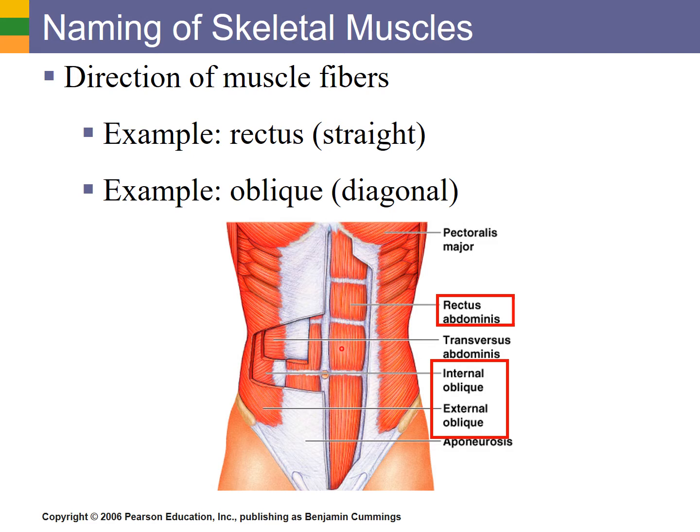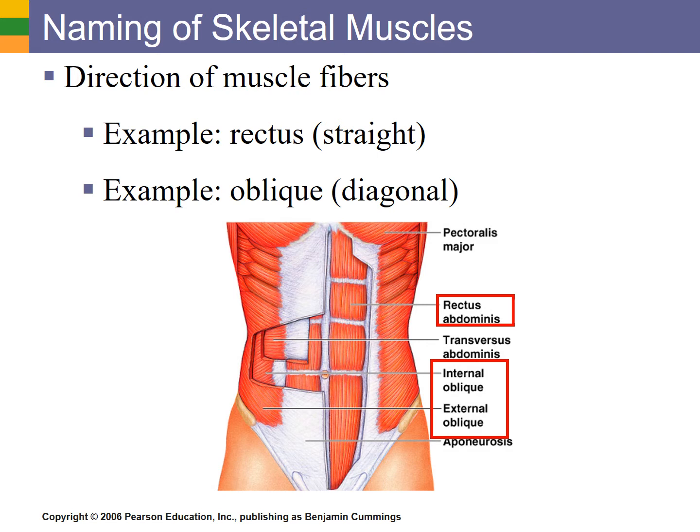It's actually two long muscles, one on either side of the midline that extend all the way from the inferior rib cage and xiphoid process all the way down to the pubic bones. Your rectus abdominis, it's in the abdominal region. Rectus means straight, and these fibers are straight up and down or vertical, so that's where it gets its name.